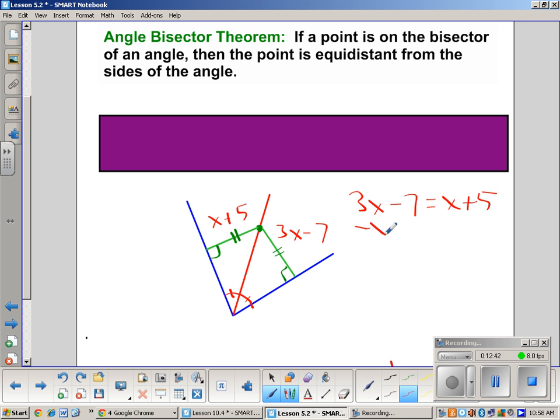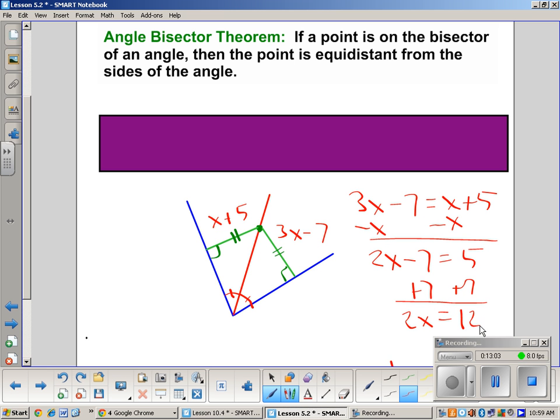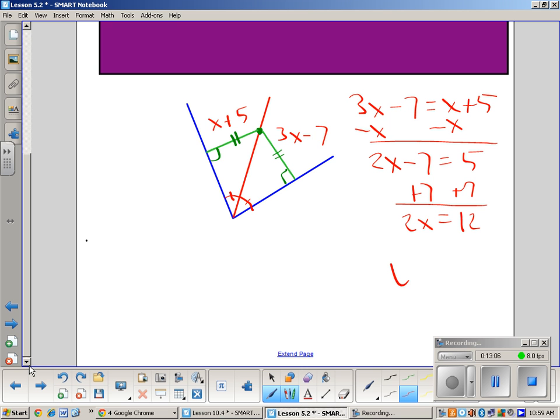So if I subtract x from both sides, 2x minus 7 is equal to 5. Did I go too quick on that? What would I do next? Add 7 to both sides. And so I get 2x is equal to 12. And so divide by 2, x is equal to 6.